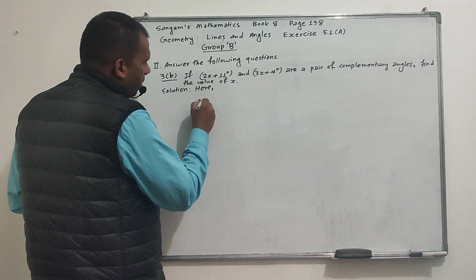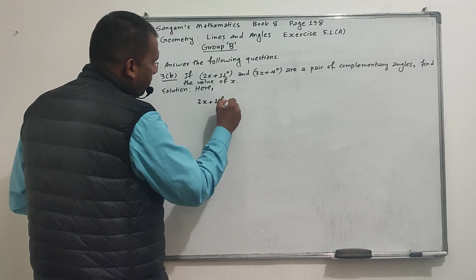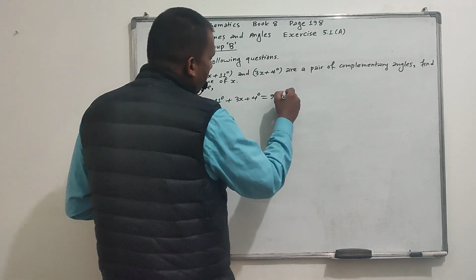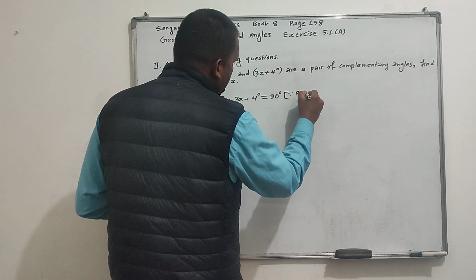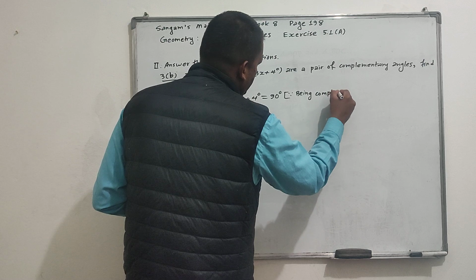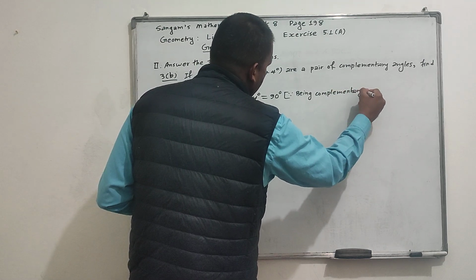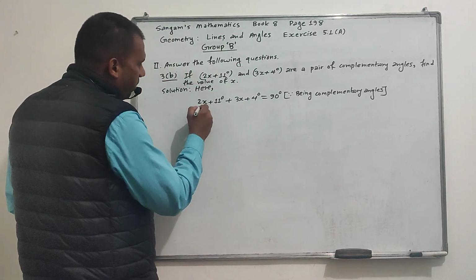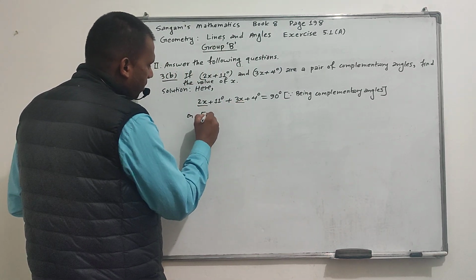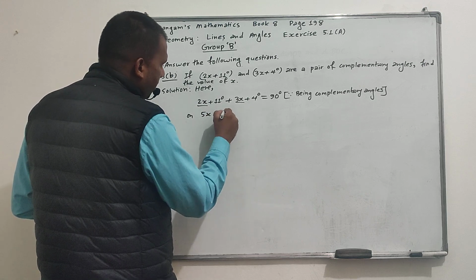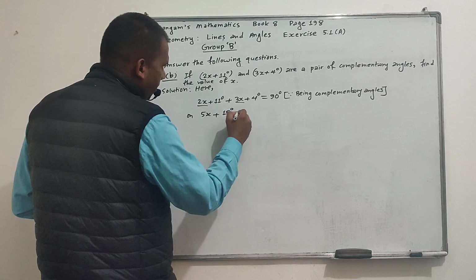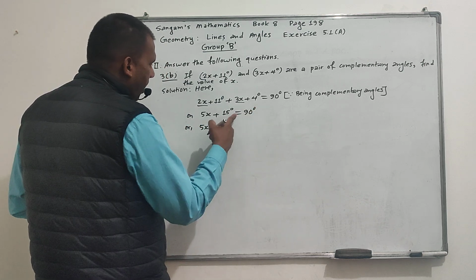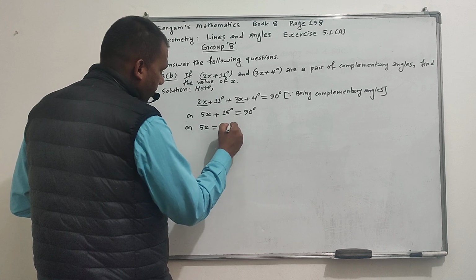So you can write 2x plus 11 degrees plus 3x plus 4 degrees equal to 90 degrees, because being complementary angles, or 2x plus 3x makes 5x, plus 11 plus 4, 15 degrees, 5x plus 15 degrees equal to 90 degrees, or 5x equal to 90 degrees minus 15 degrees, that is 75 degrees.